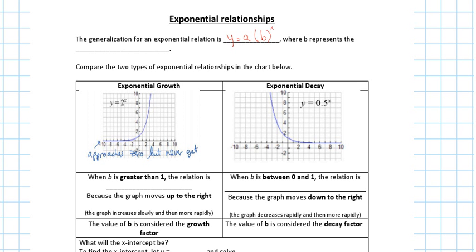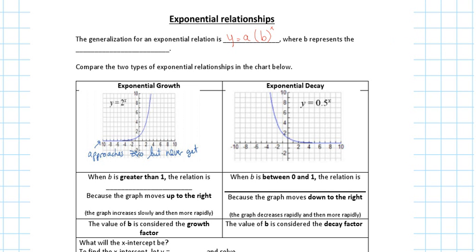A represents your initial value, what you're starting with. If your initial value is 1, I don't usually write 1 b to the power of x; I just write b to the power of x. So this is why sometimes you don't see that a value. It's still 1, though.